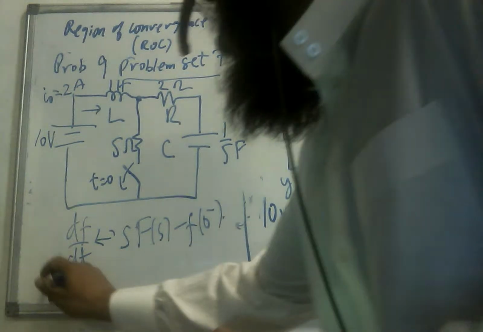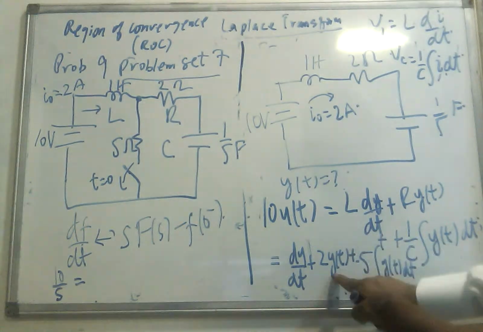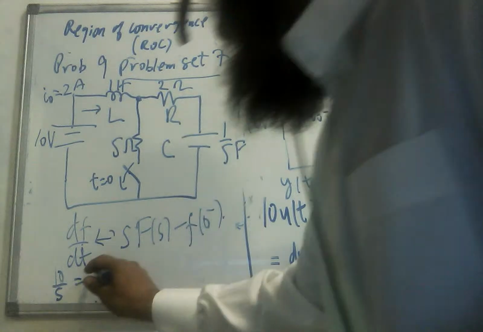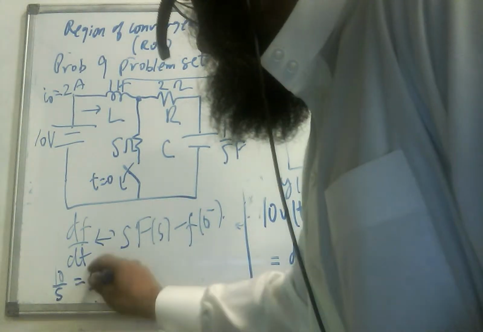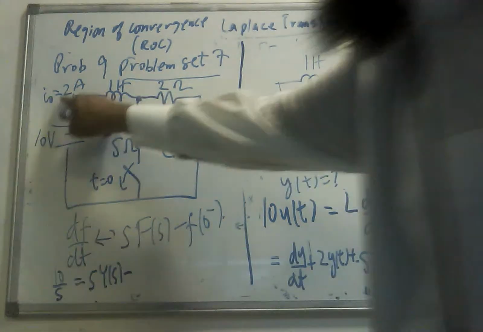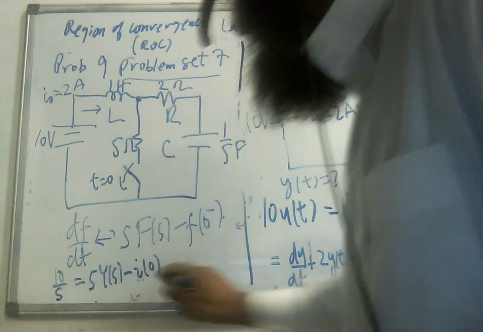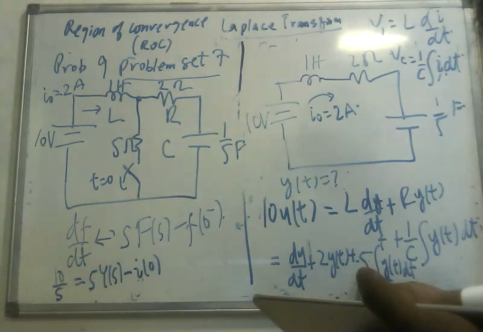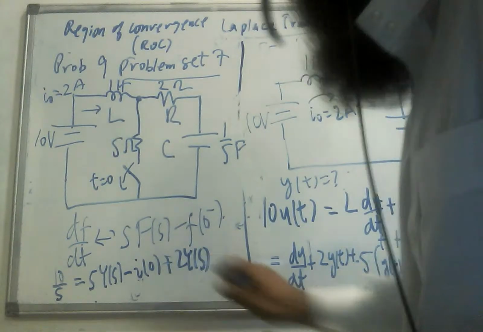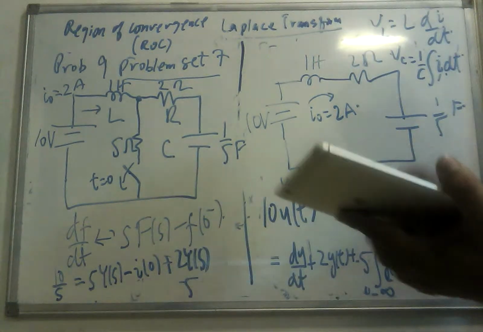So it will be 10 over s equal to the Laplace of dy by dt, so it is s y of s minus the initial current I of 0, which is 2, and then plus 2y of s, and then plus the integral.